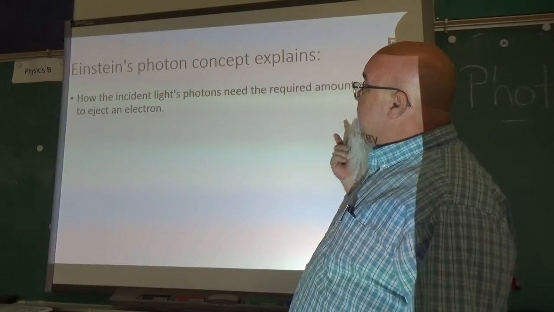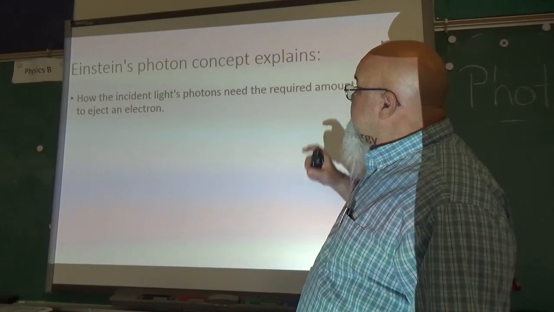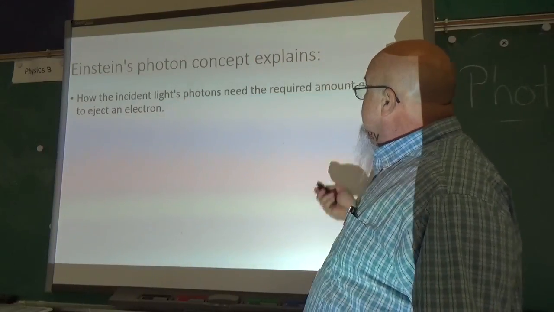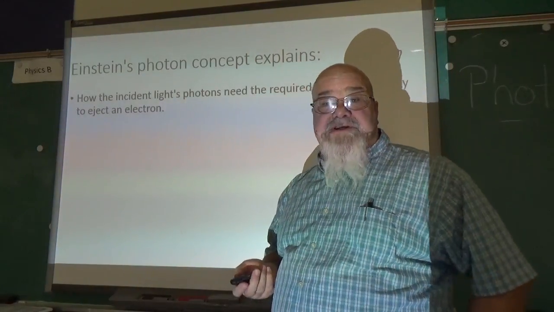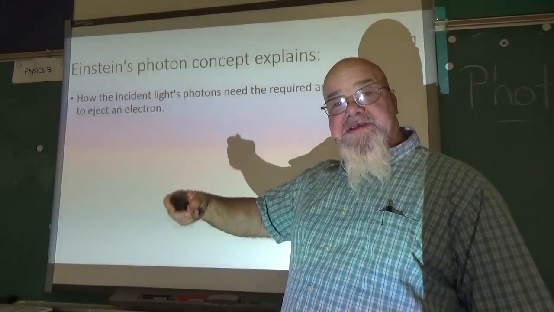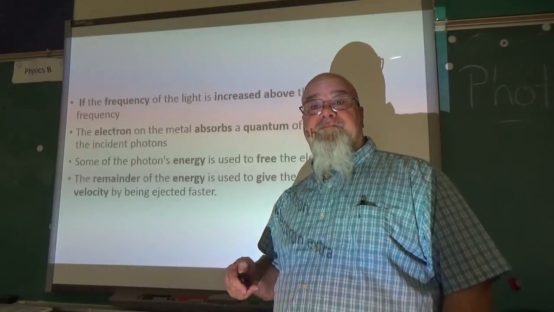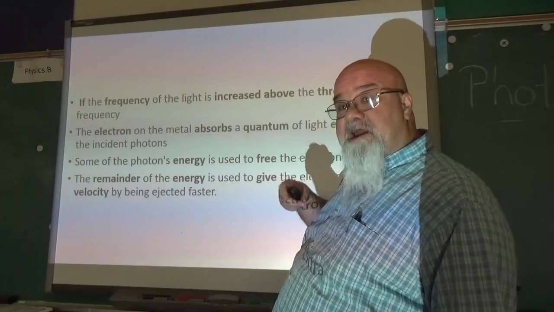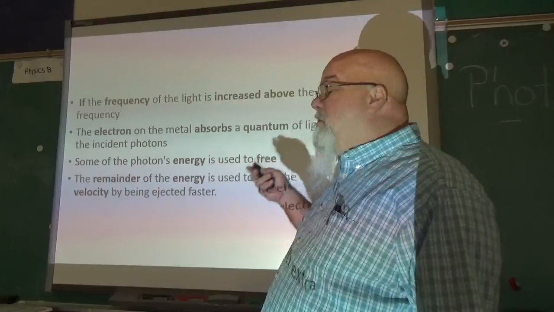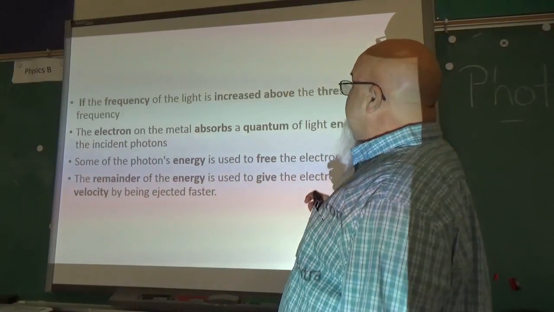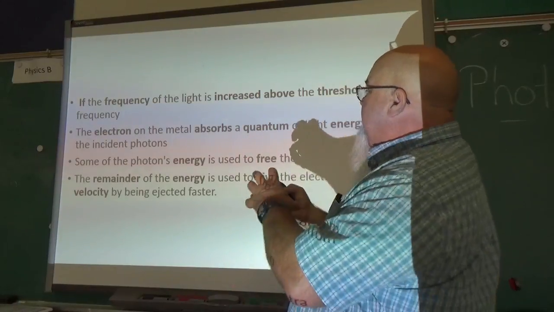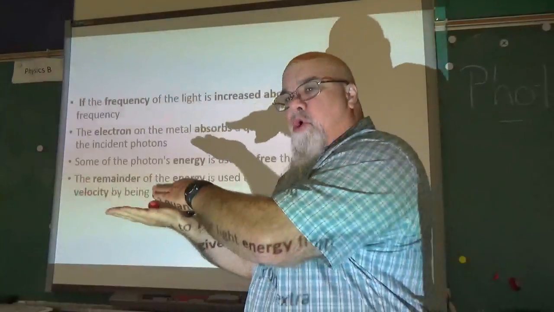So Einstein came up with this idea that essentially says the incident light, the light I'm shining out of the photon, calculates how much is required to eject it. What we've been saying over and over again. This is kind of a rephrase of everything, but this is more from the words of Einstein. If the frequency is increased above the threshold, it will start going. What happens is the electron on the metal absorbs that energy.